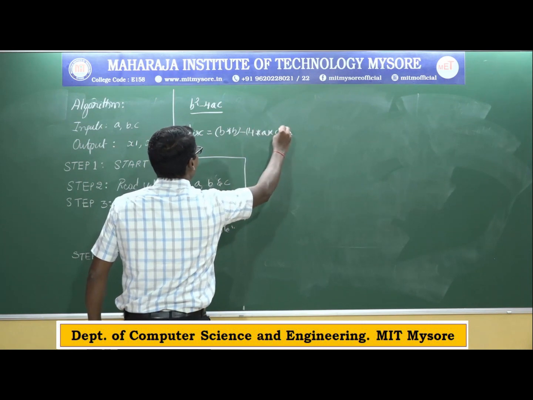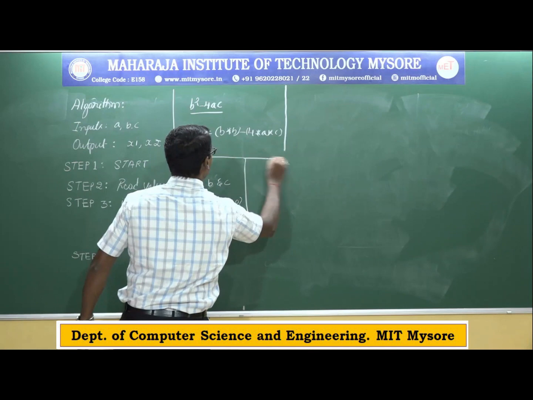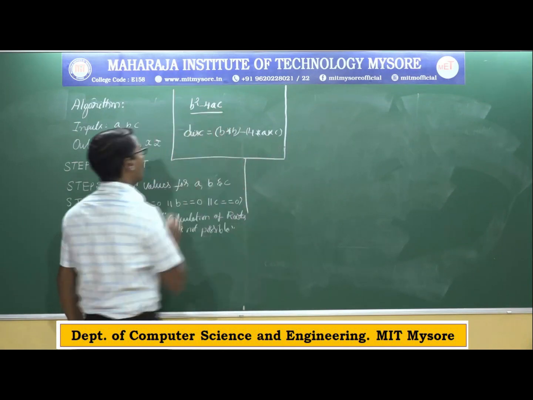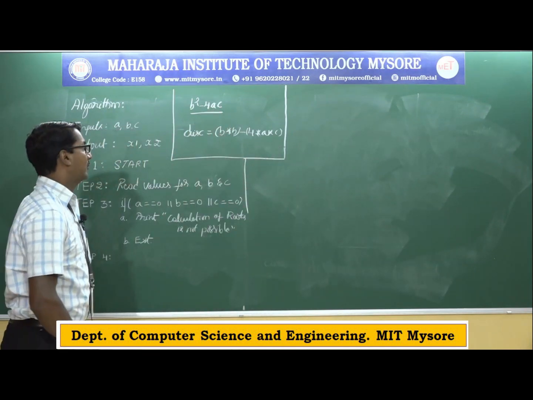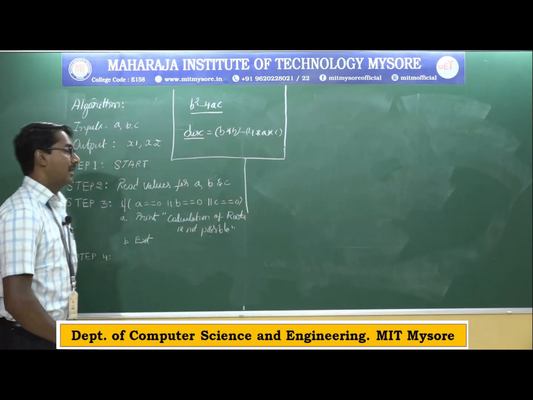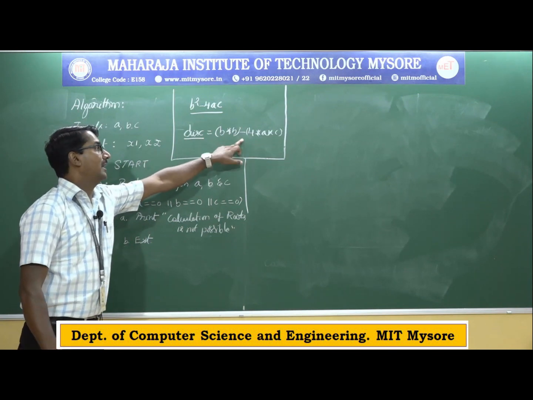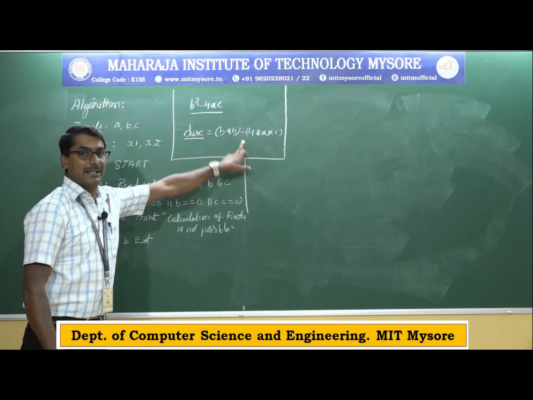Before verifying the value, I will calculate the value of b square minus 4ac. The value I'll consider as DISC, discriminant. So discriminant is equal to b into b minus 4 into a into c.